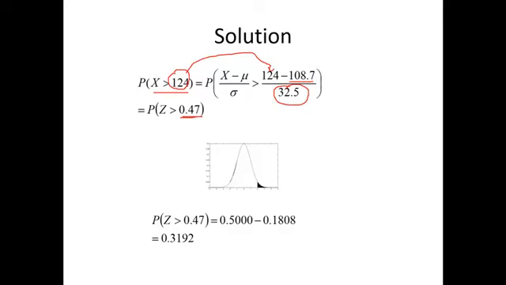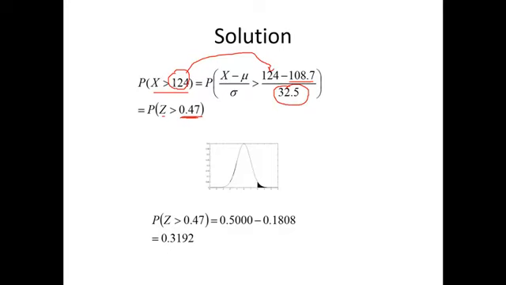On this sort of calculation I'll always round off to 2 decimal places because I'm going to be looking this up on a normal table, and my normal table only goes to 2 decimal places. So this is the probability z is greater than 0.47.